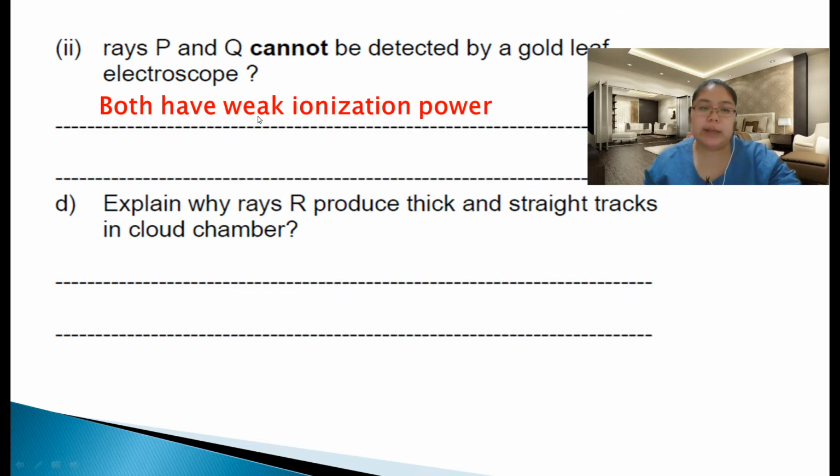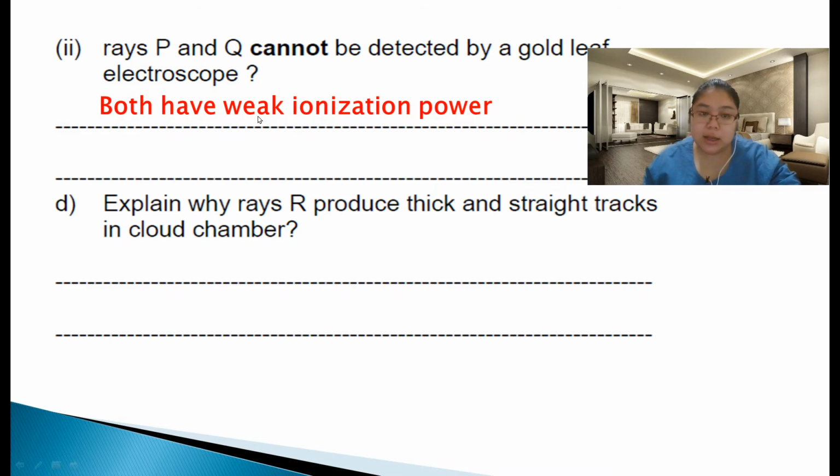Explain why ray R produces a thick and straight track in the cloud chamber. Remember the cloud chamber has a misty track. Ray R is alpha, so why can it produce a straight line, while beta is a curved line and gamma is a continuous line? The reason is because of the mass.